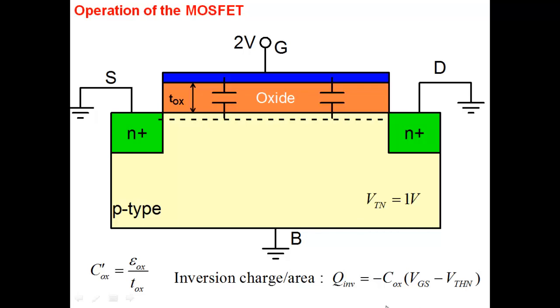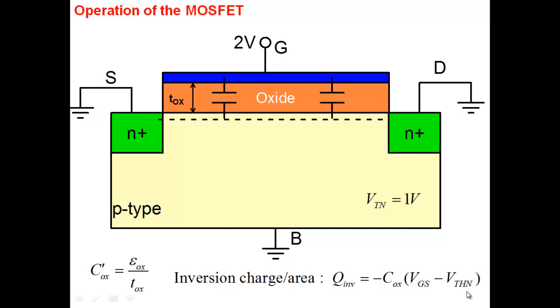So think about the inversion layer as one plate of the capacitor, and the metal as the other plate. So Q inversion, we put a minus because the charge is negative, is minus Cox, capacitance, times VGS minus VTH. A normal capacitor you would say Q equal to CV, right?